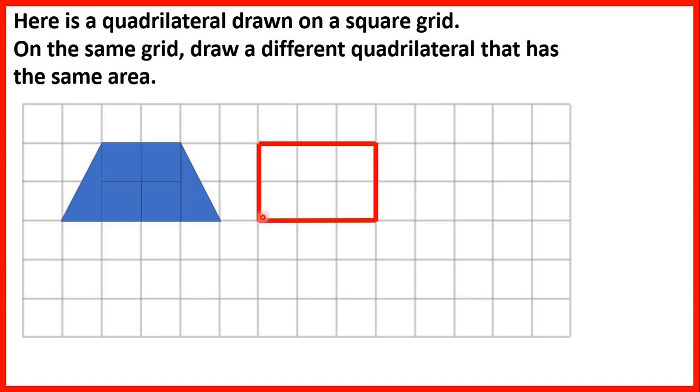So we can draw a 2 by 3 or a 6 by 1 rectangle, because that way we have a quadrilateral, we have a shape with 4 sides, and it has the same area because it has the same number of squares inside it. The area of both the trapezium here and the rectangle that we've drawn is 6 squares.